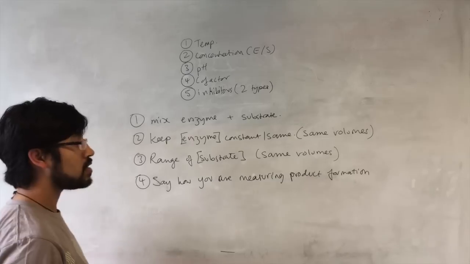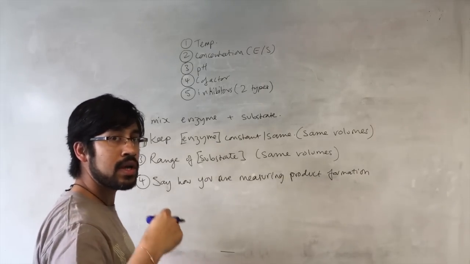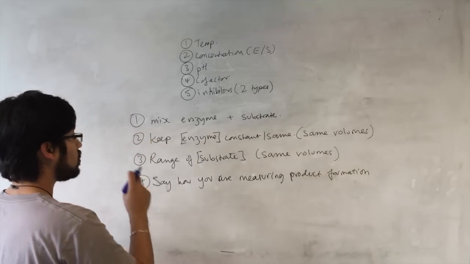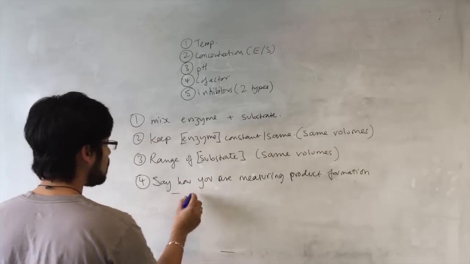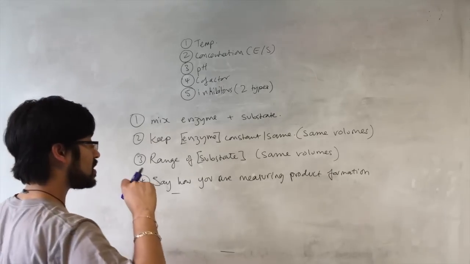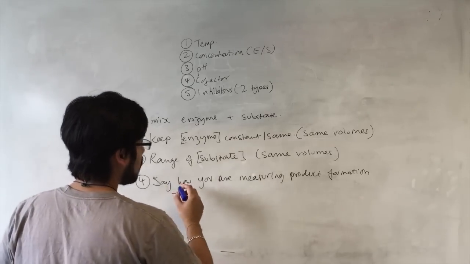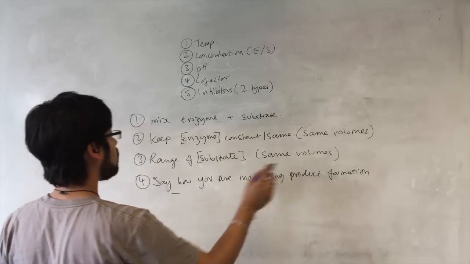How are you going to know that the reaction is happening, and how are you going to measure it? This can be many things, and I'm just going to spell it out for you here. So, measuring product formation.